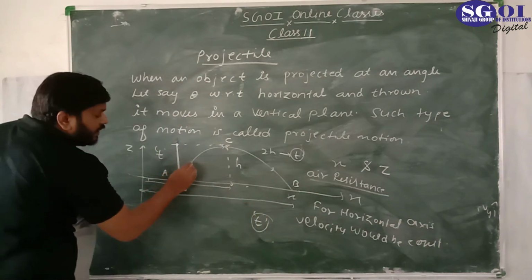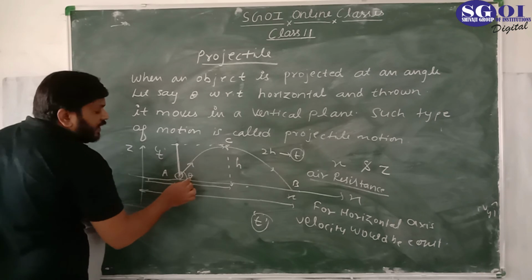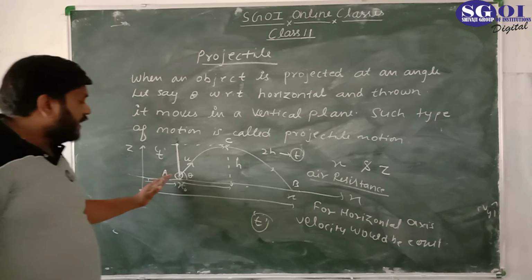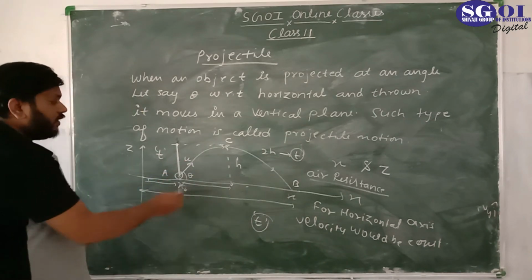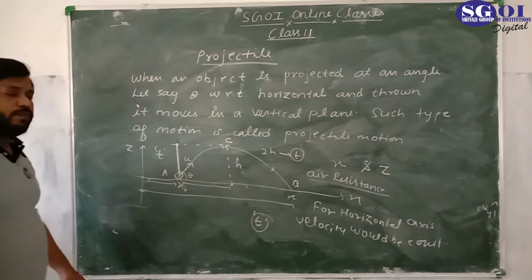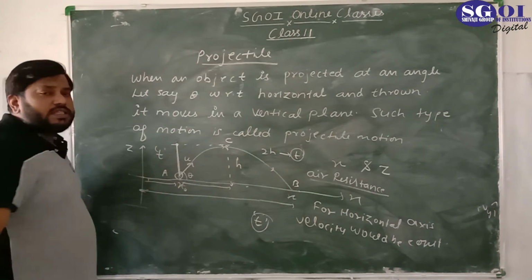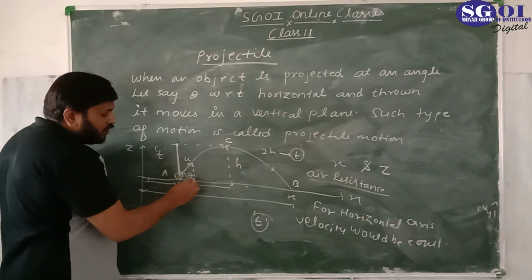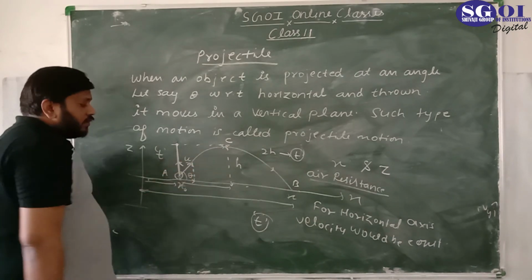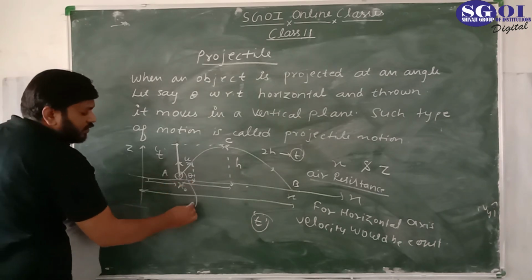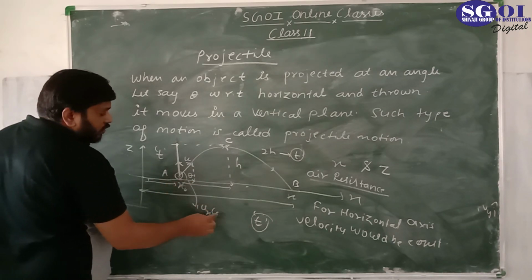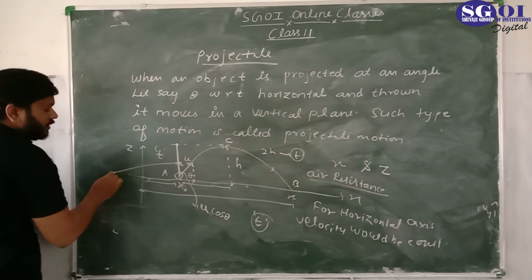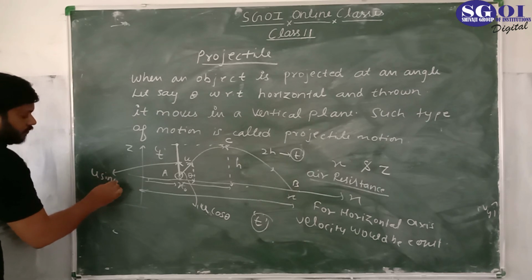Let's say it is projected at an angle theta with initial velocity u. For solving such a problem, we have to break this velocity into components. For this, we draw the perpendiculars, and this component is u cos theta and this component is u sin theta.